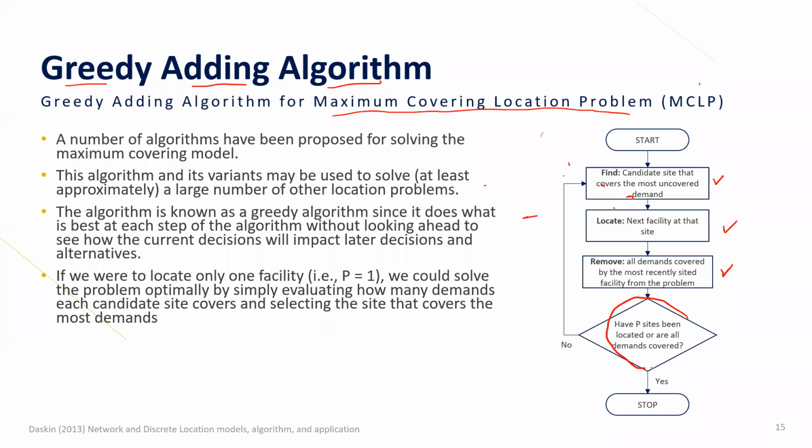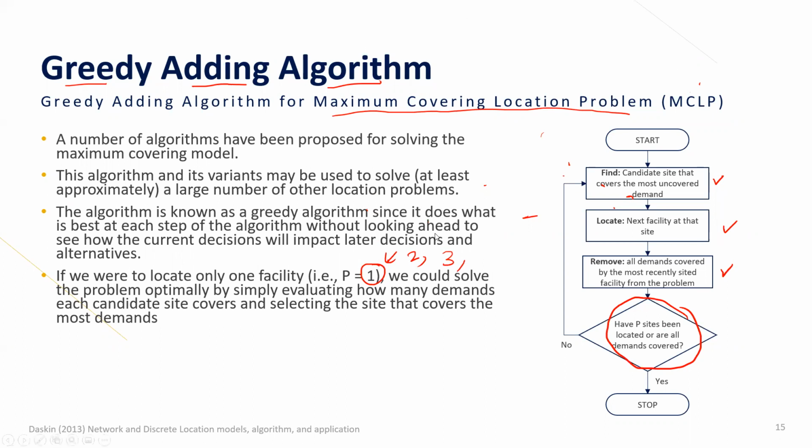Now, here is the tweak that we made. If I am allowed to have more than one facility, let's say 2 or 3, first I check whether all the demand is already covered; if so, there's no use opening more facilities.